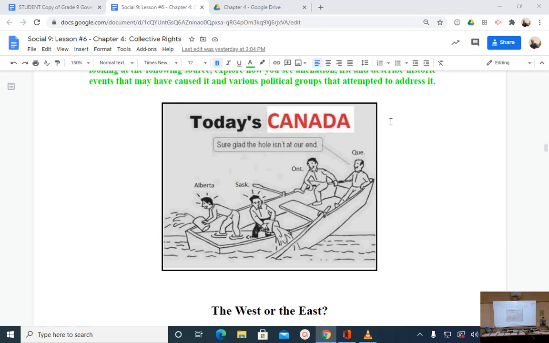There's not really a hole in the boat of Canada, but there's a metaphorical hole in the boat of Canada, meaning there's a problem in Canada. So the source is suggesting there's a problem in Canada, and Alberta and Saskatchewan are the 2 provinces that are forced to deal with the problem, whereas Ontario and Quebec are sitting back and not dealing with it.